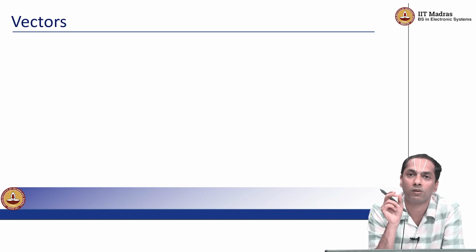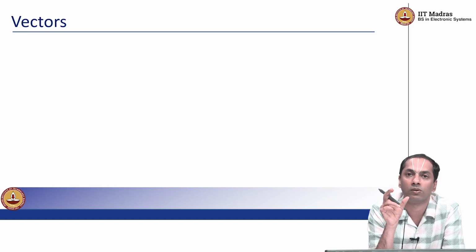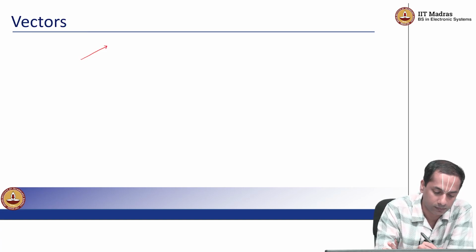So this vector also now requires three independent numbers, right? So I need three independent numbers to specify a location in three-dimensional space, and I also need three numbers to specify a vector, right? And a vector, in the simplest case you can think of, is an arrow, right?